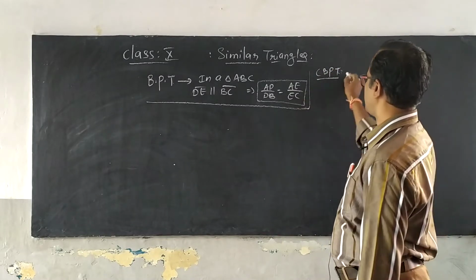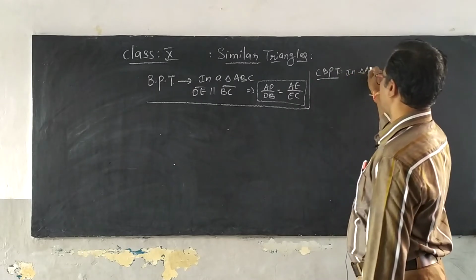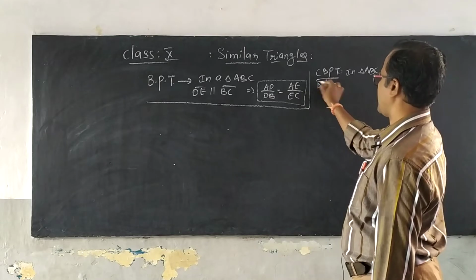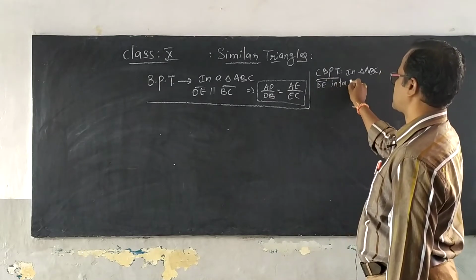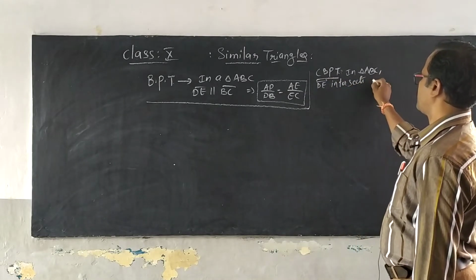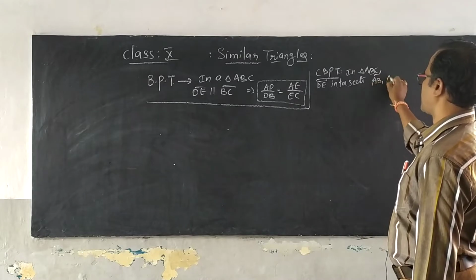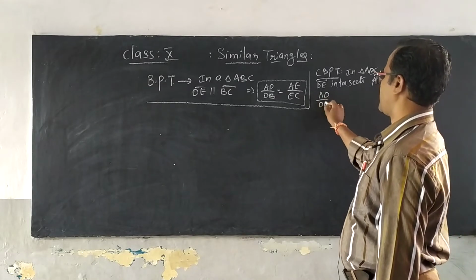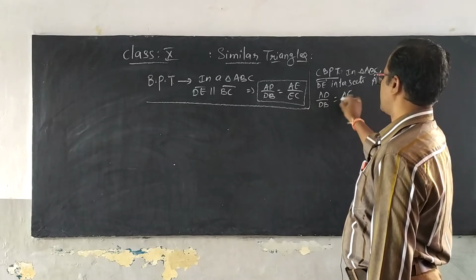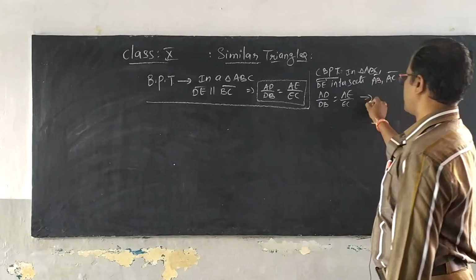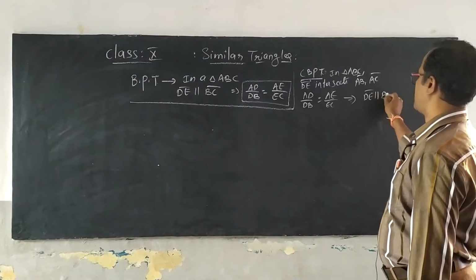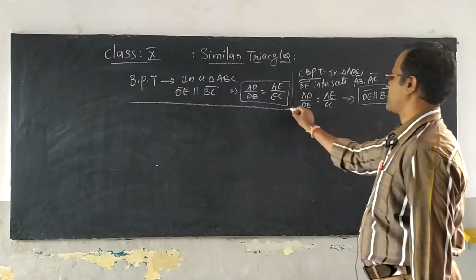What does it say? In triangle ABC, if a line DE intersects line segments AB and AC such that AD by DB is equal to AE by EC, this implies DE is parallel to line segment BC.